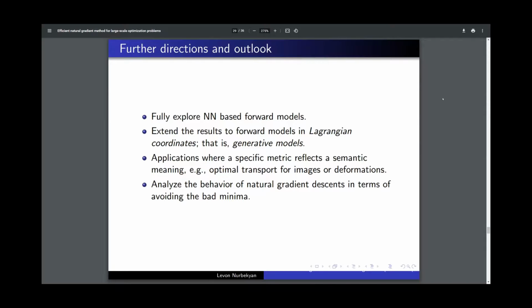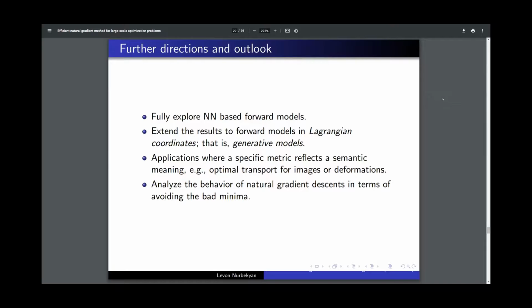And then extend this result to forward models in Lagrangian coordinates, essentially sample-based, instead of having the values of the functions on some domain or the density, just pushing it forward from some standard latent measure to samples, and thinking about applications where the specific metric reflects some kind of semantic meaning.